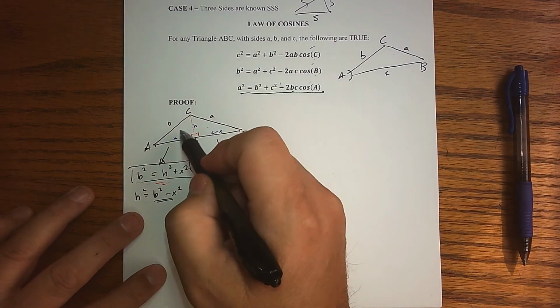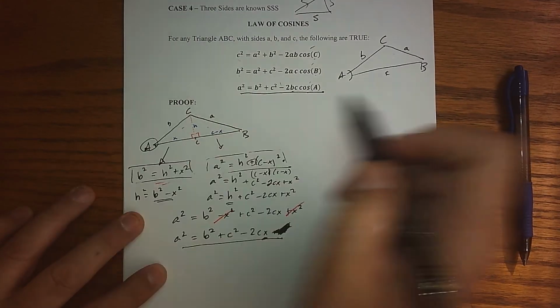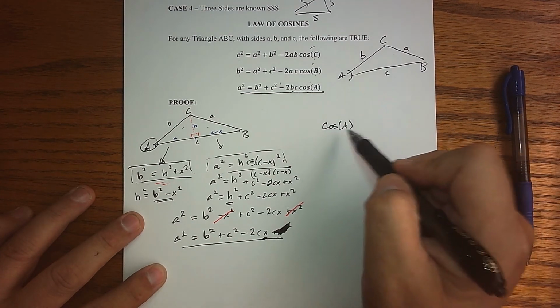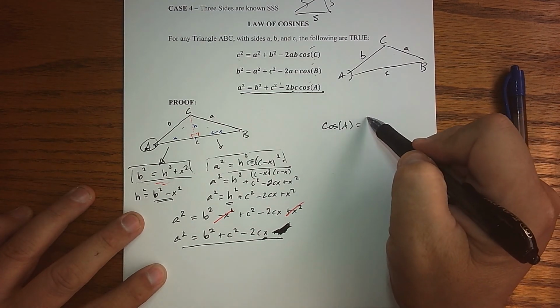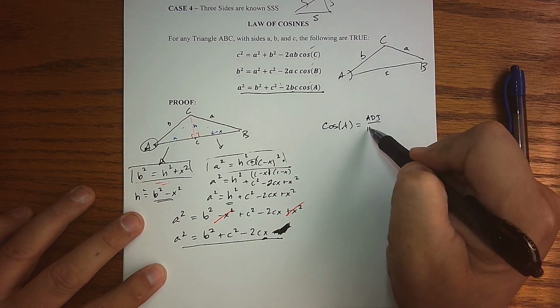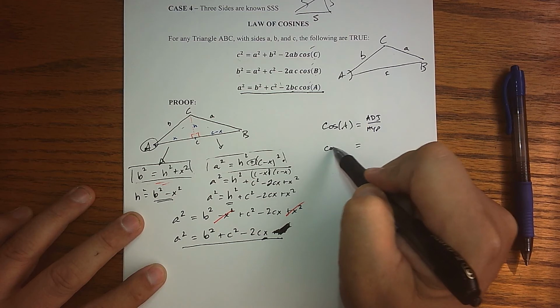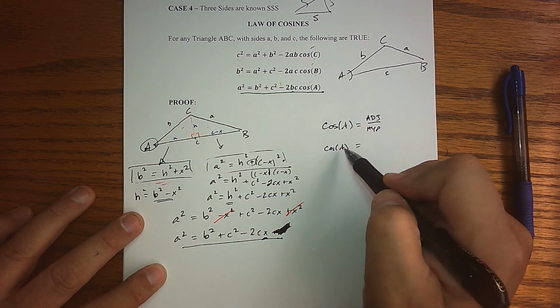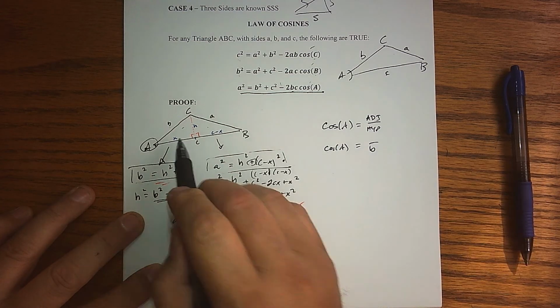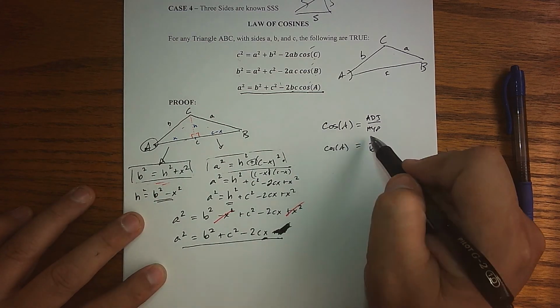So if we go back to this right triangle, here's my angle A. And as far as the cosine of that angle, cosine is supposed to be the adjacent over the hypotenuse. And so for this situation, for the angle A, the hypotenuse is side b, and the adjacent is x.